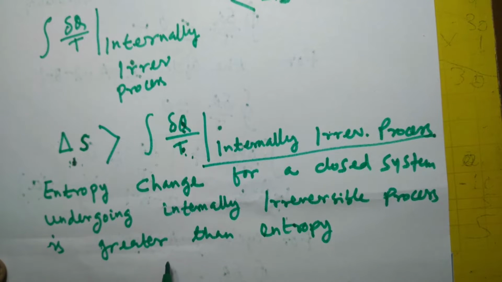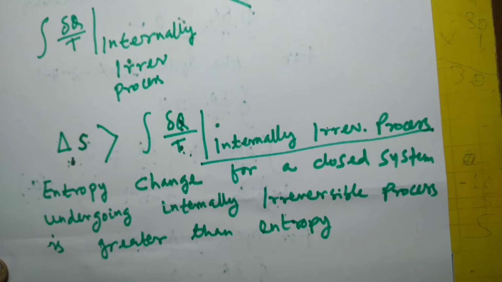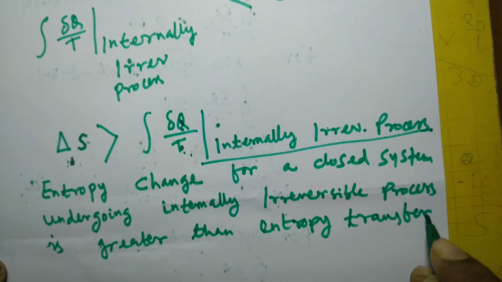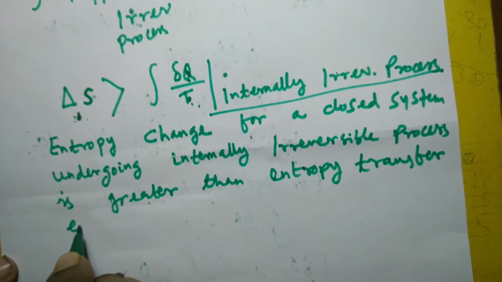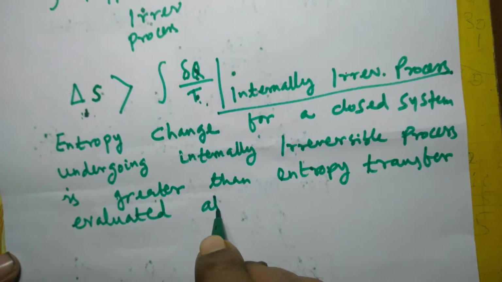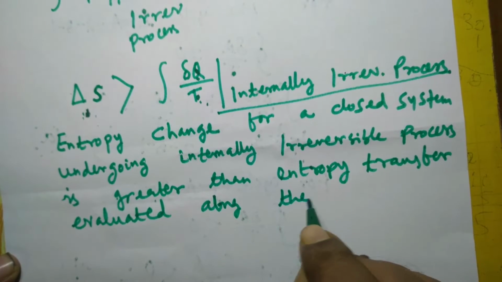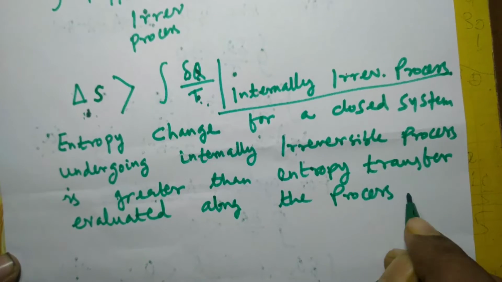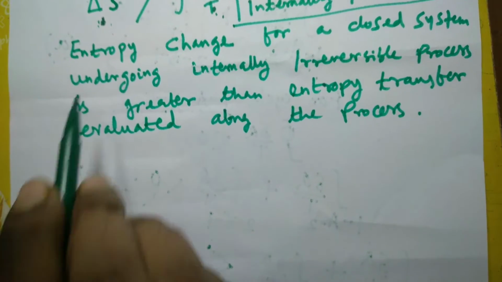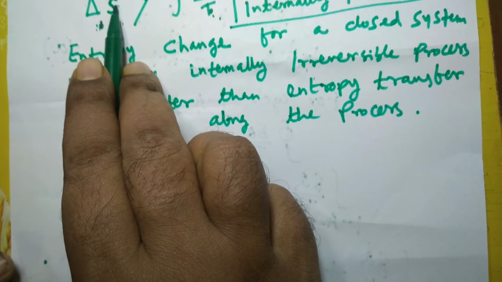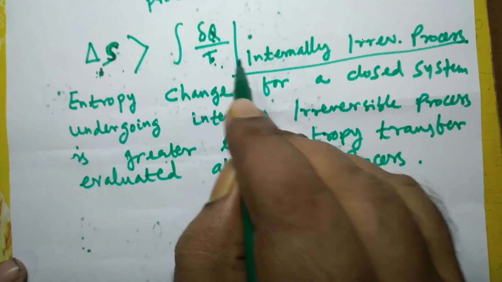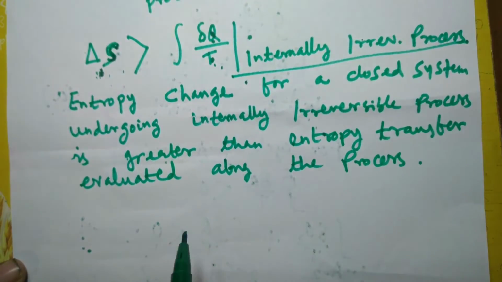So for an irreversible process, the entropy change for a closed system is always greater than the entropy transfer, that is, the integral of del Q by T evaluated along the process. So delta S, where S is capital S, is greater than the integral of del Q by T for an irreversible process.